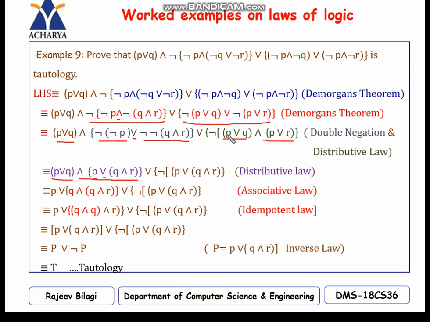What it says is, P or Q and P or R is P or Q and R. I can write it like this. Okay, this is the RHS part. When you write the LHS part, P or Q and P or R, which is the distributive law here. Okay, next step.